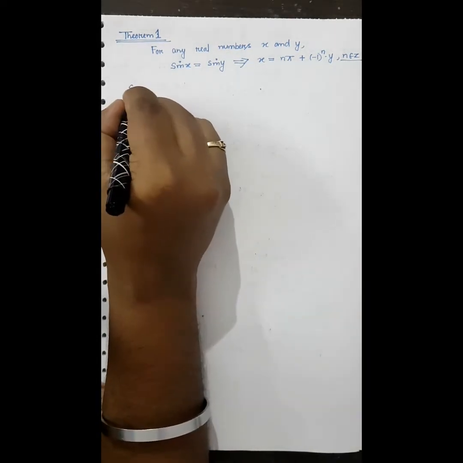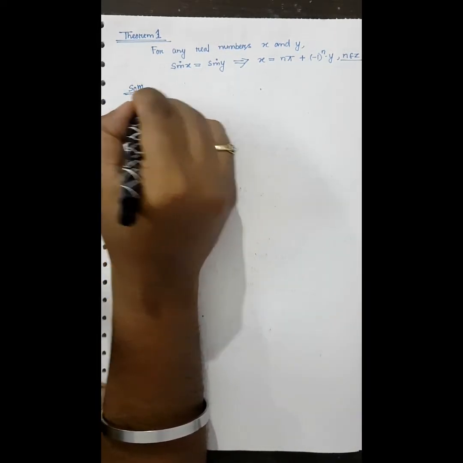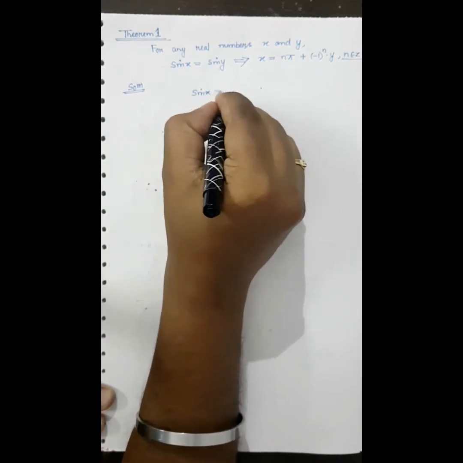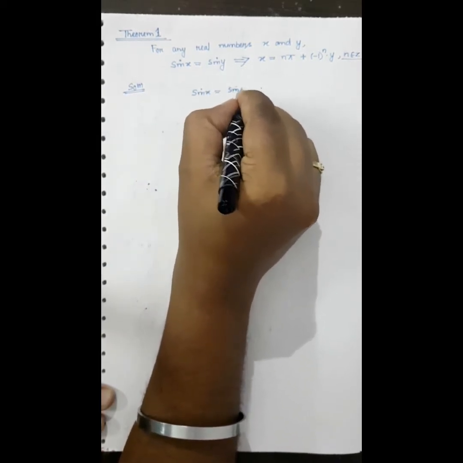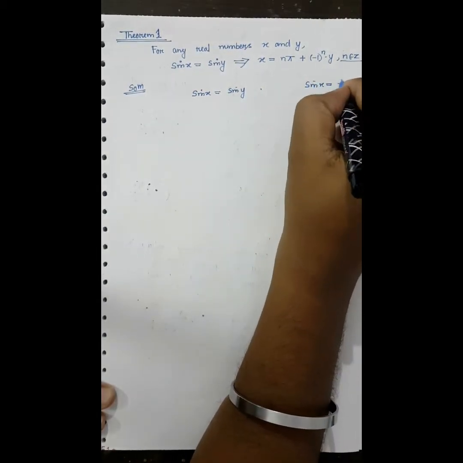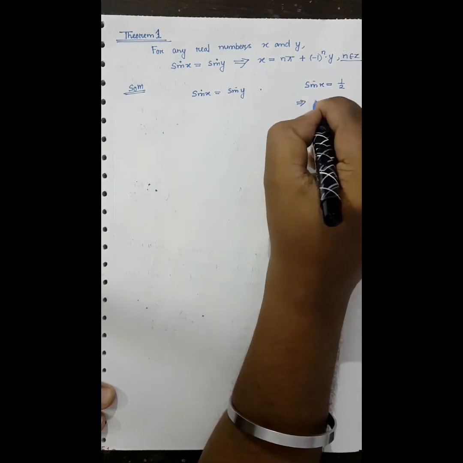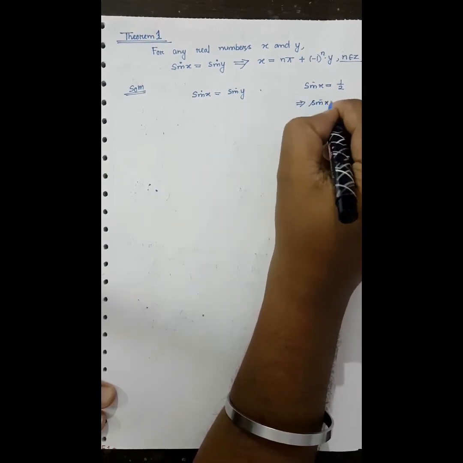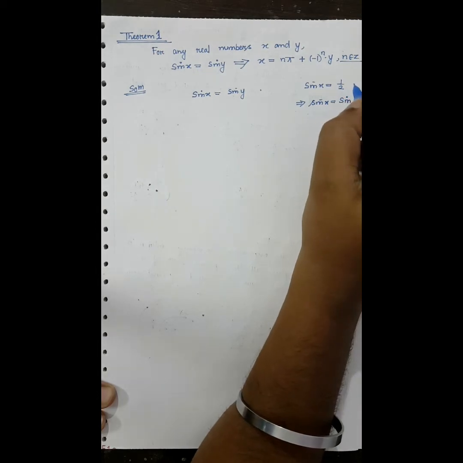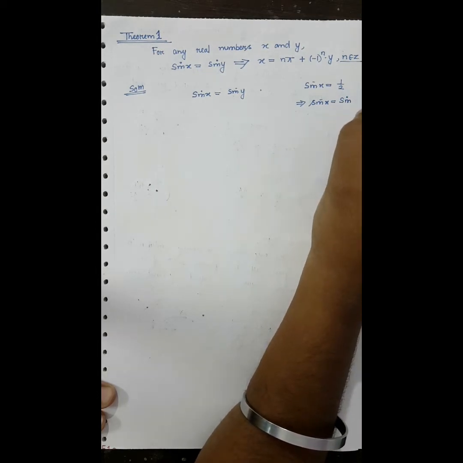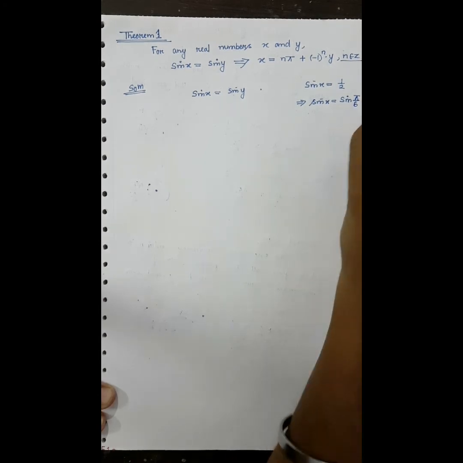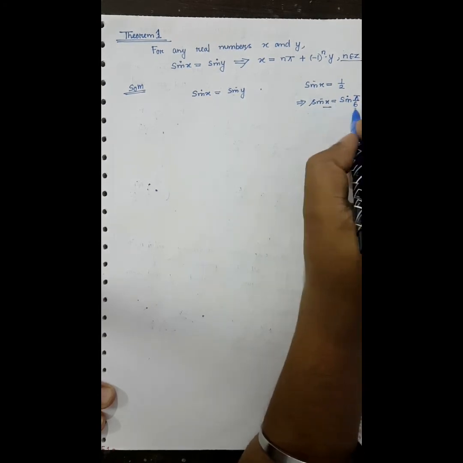Now solution. Let's see. You're given that sine of x is equal to sine of y. For example, we know sine x is equal to half. Sine is positive in first quadrant or in second quadrant. So if I take the smallest possible value, it will be equal to sine pi by 6. So sine x is equal to sine y.